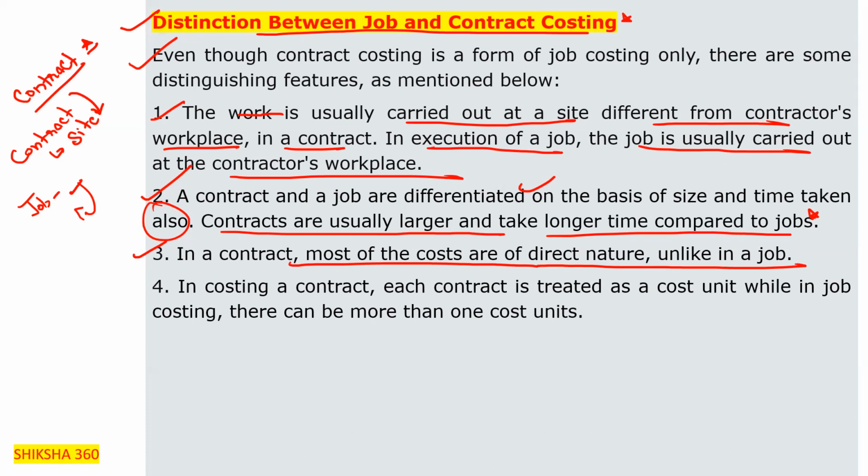Fourth one, in costing a contract, each contract is treated as a cost unit, while in job costing there can be more than one cost unit.